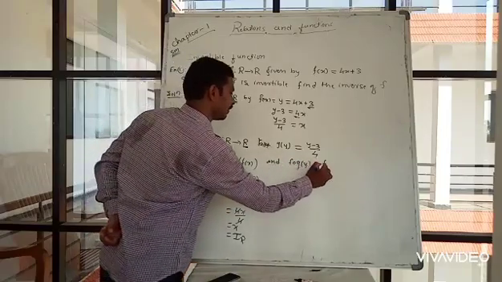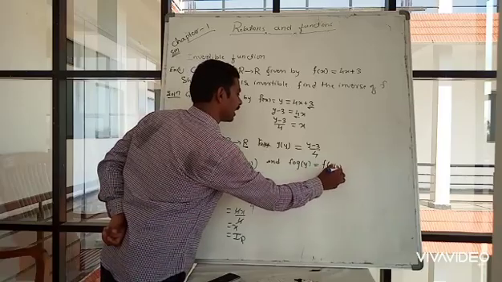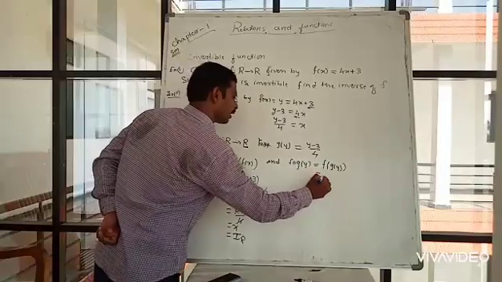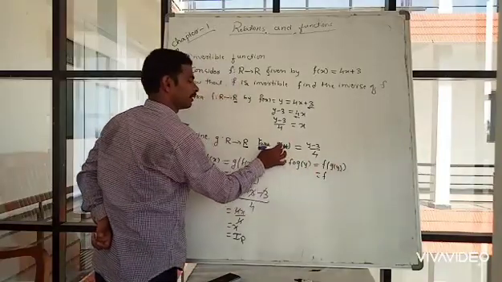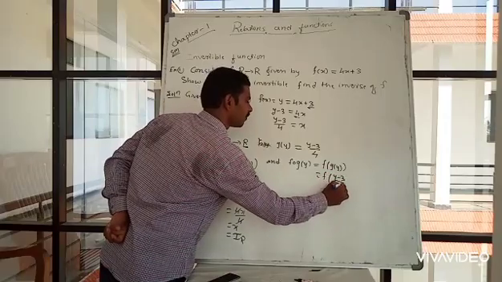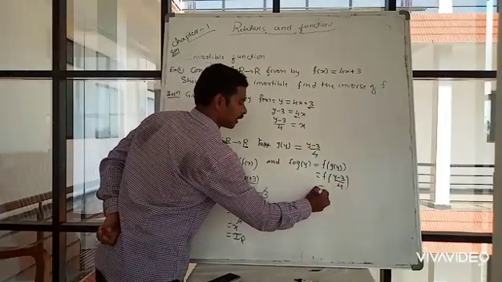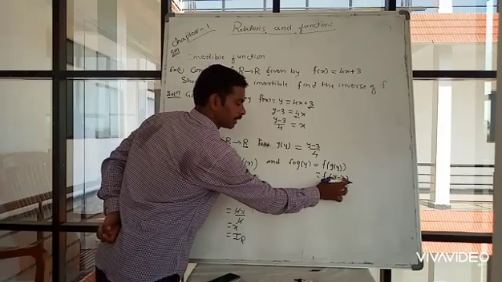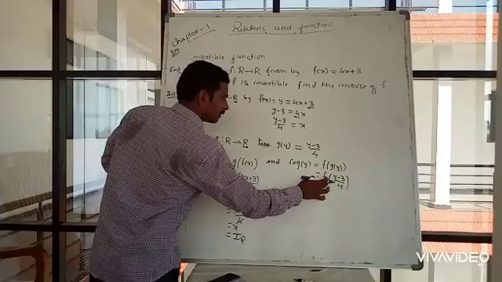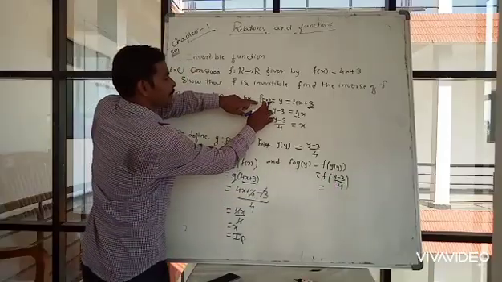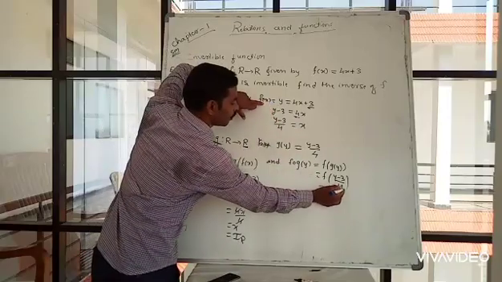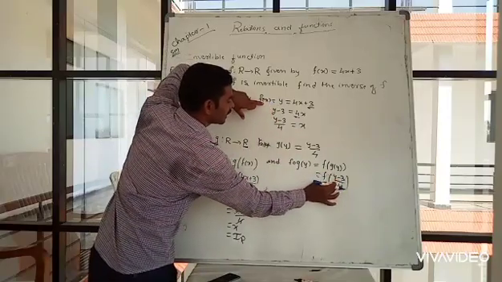This is f of g(y) by definition. Keep f as it is; the definition of g(y) is (y minus 3) divided by 4. Here f of (y minus 3)/4 is of the form f(x). If you compare this function with that function, here the value of x is (y minus 3) divided by 4.